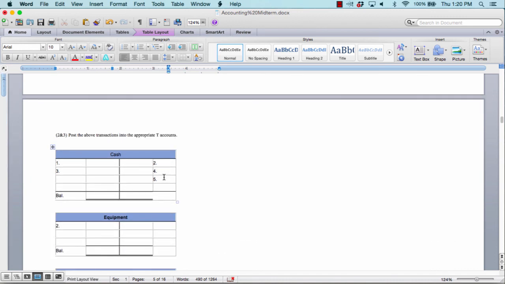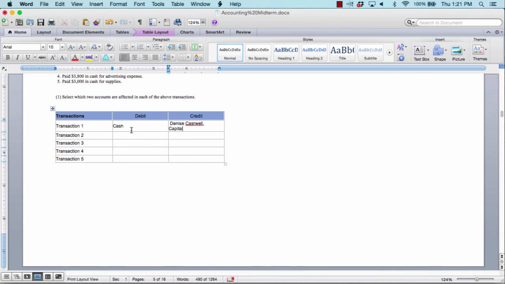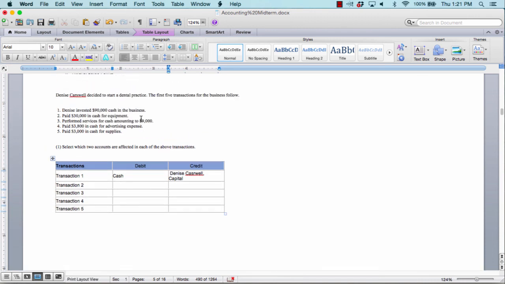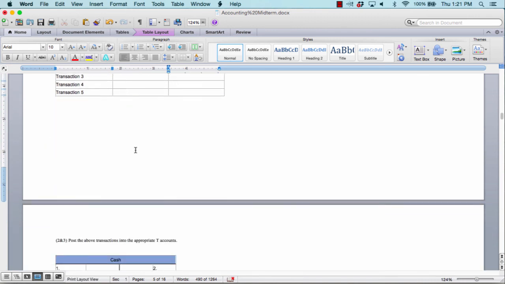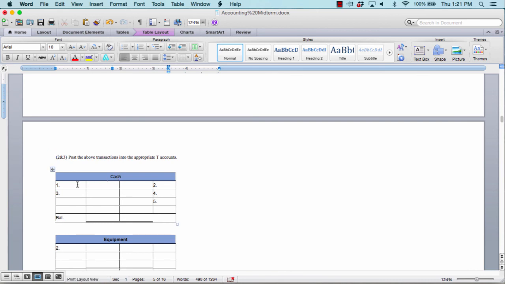Then it's asking you to post the above transactions into the appropriate T account, okay? So for the first transaction, you know that it affected cash. It was a debit for $90,000. So you're going to write it down on number 1.